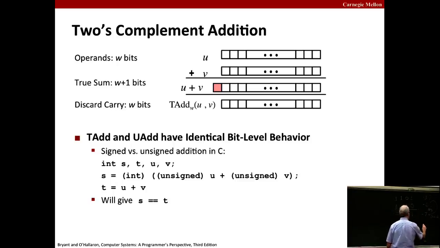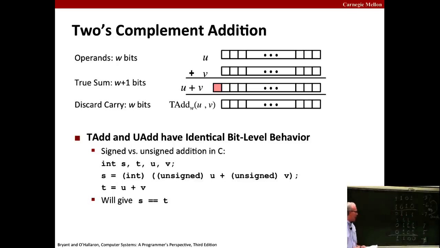So this was 7 plus 5 is minus 4. And so this is referred to as positive overflow. We've taken two positive numbers and added them together and gotten a negative result.